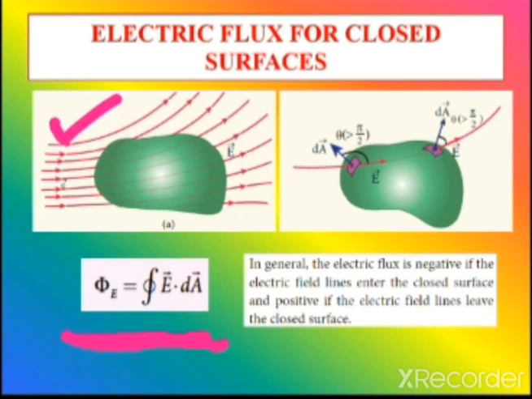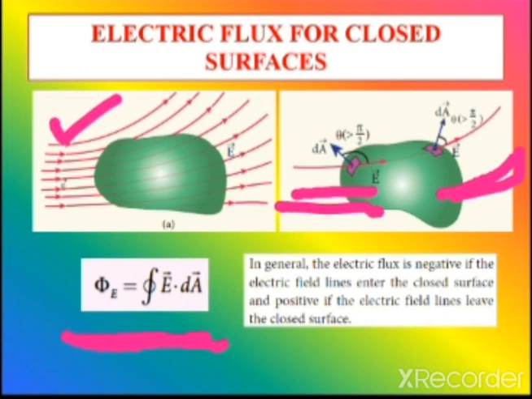If the electric field lines enter the surface, the electric flux is negative. If the lines leave the surface, the electric flux is positive.